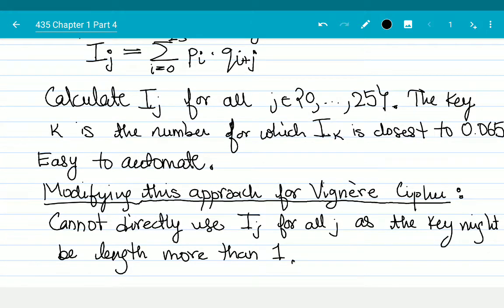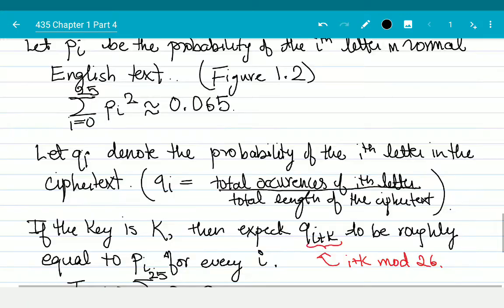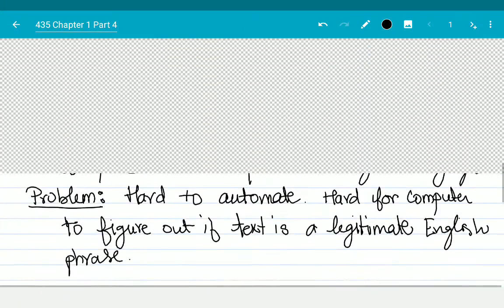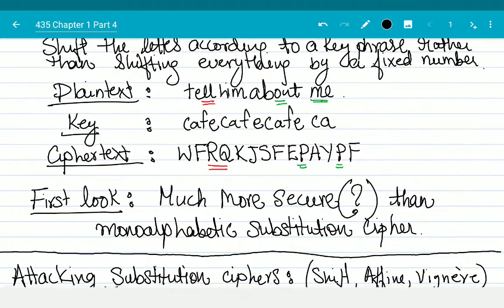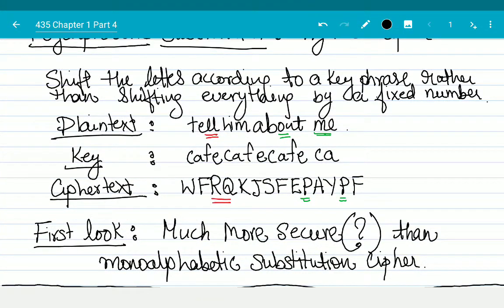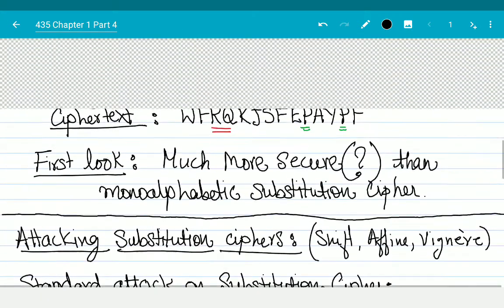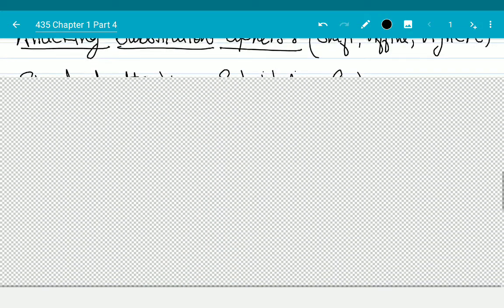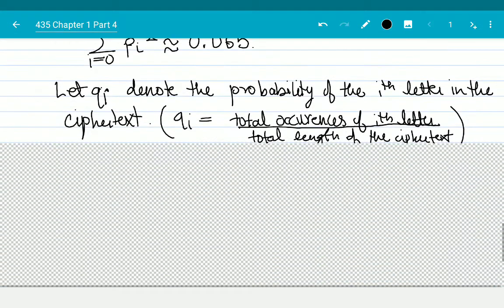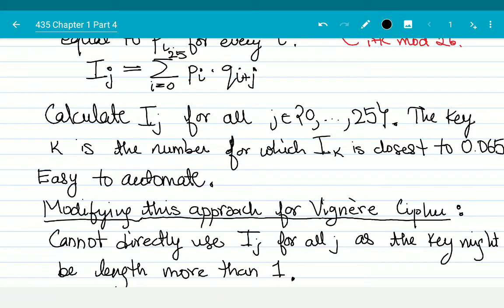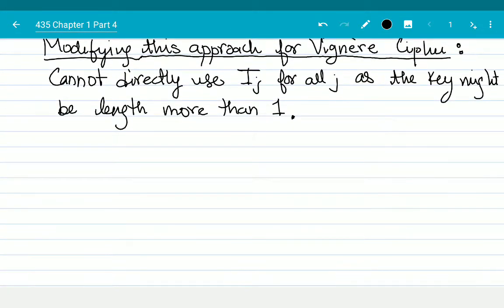I am so sorry, I forgot to mention that in the Vigenere cipher, we call the length of the key that we are going to use the block length. So this is block length 4. If I'm using a 5-letter word, it would be block length 5. So if my block length is more than 1, exact computation with Ij does not work.